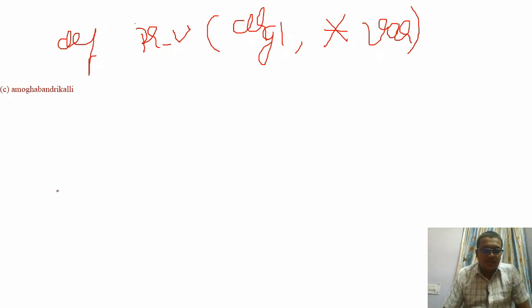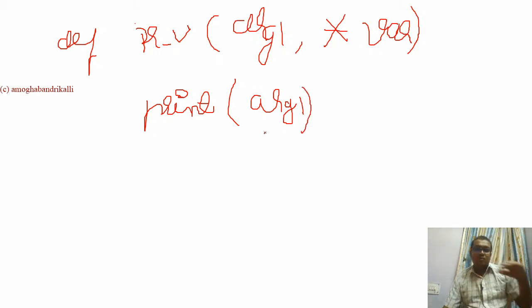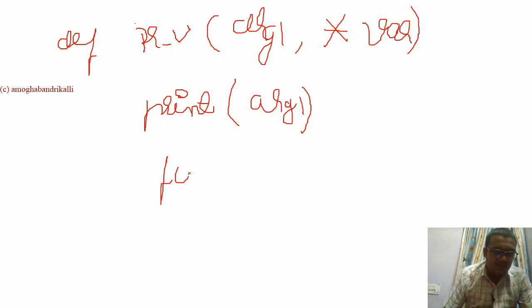If you are giving this, you can print. What you are printing is the output, the argument. If the variable length is more than 1, or if you are giving too many parameters, then you are going to have a for loop here.